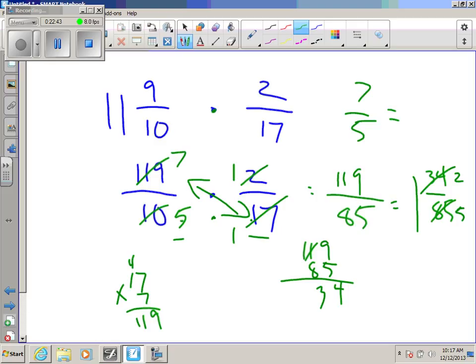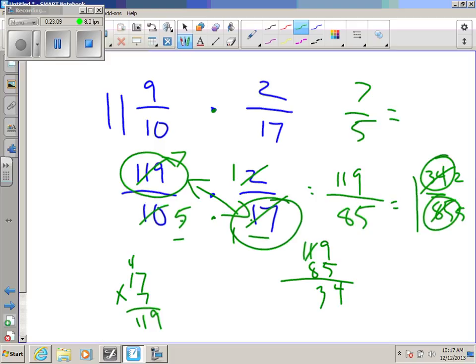I don't expect you to look at a 119 and a 17 and right away say, oh yeah, they have 17 in common. I can divide them both by 17. I don't expect that. But just because you see a 34 and 85 and they're larger numbers doesn't always mean that they don't have anything else that you can simplify them by. Okay? It's all about going that extra mile.